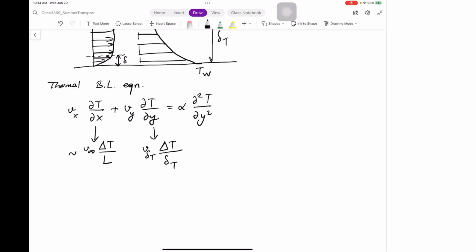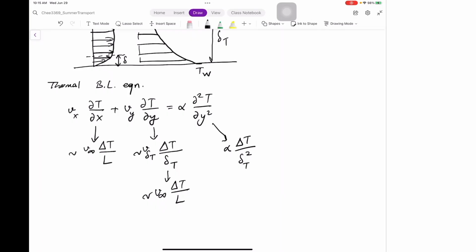So basically, you know that the Vy divided by delta T is in the same order of magnitude with the V infinity over L, so you can replace it by V infinity delta T over L. So they are actually in the same order of magnitude. The term on the right-hand side scales with alpha delta T over delta t squared.